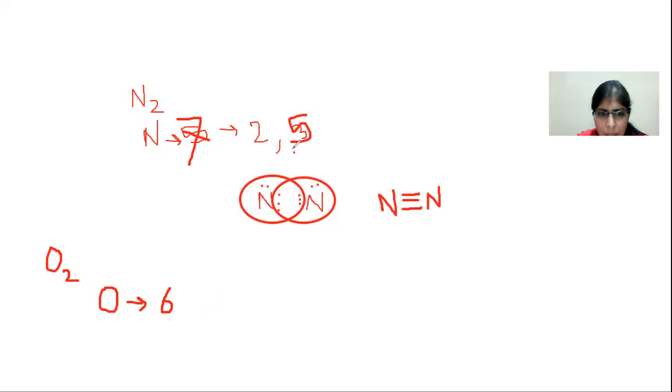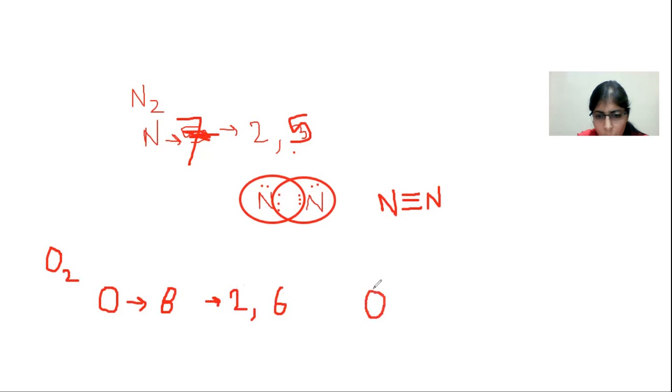So I have to show the valence electrons. It's correct. Just you have to replace 5 by 7 and 3 by 5. And oxygen has 8, so the configuration is 2, 6.